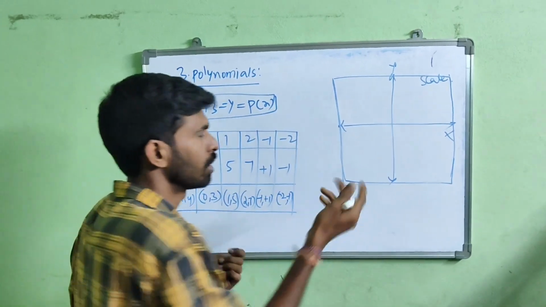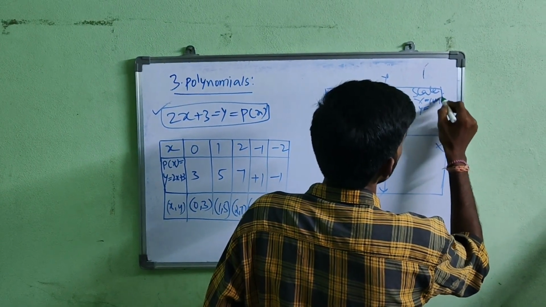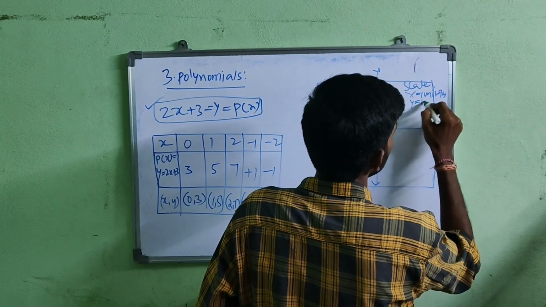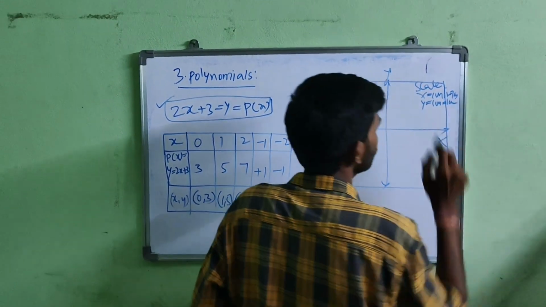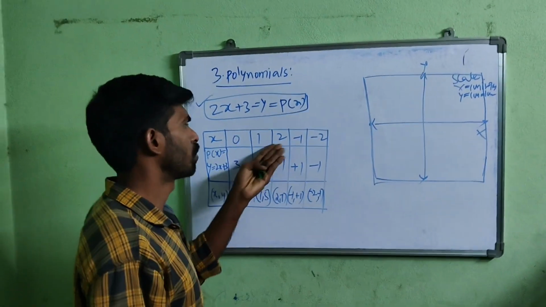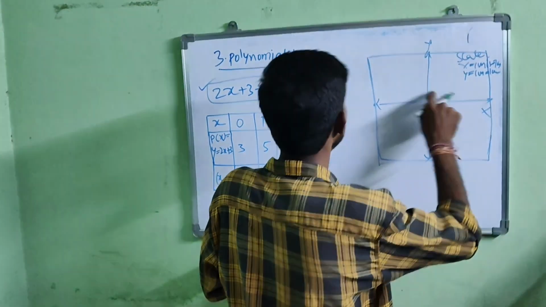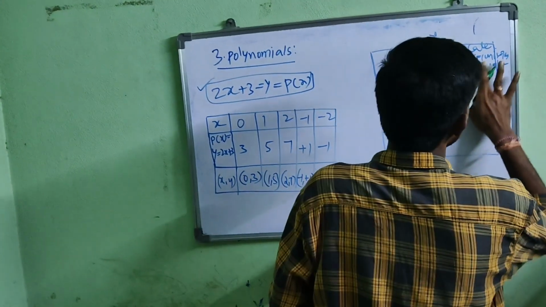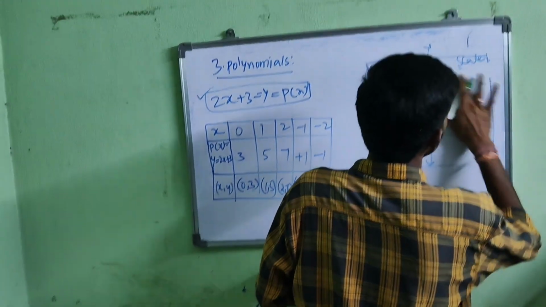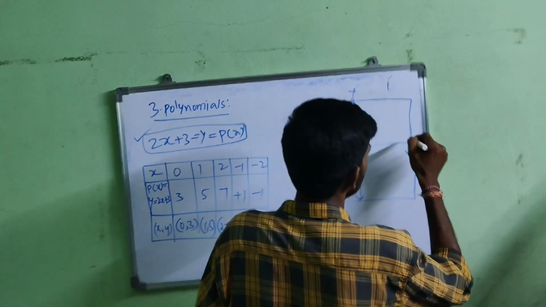That's why we can take, on the x-axis and y-axis, 1 unit equal to 1 centimeter. Here also 1 unit equal to 1 centimeter. Those are 1 unit, 1, 1, 2, 2 numbers are there now. That's why 1 centimeter equal to 1 unit we can take. Okay, every time we need to draw a scale like that.